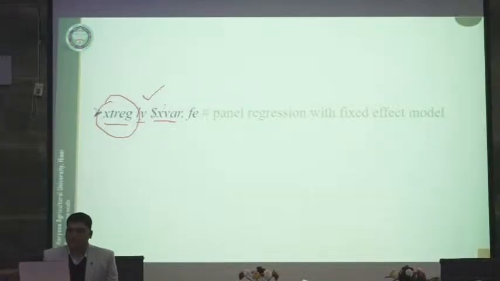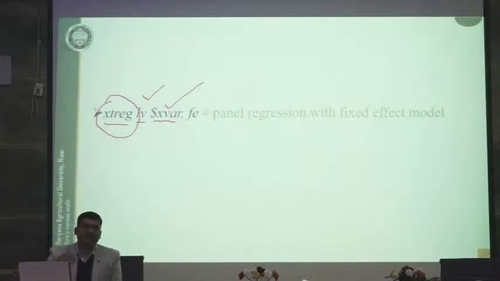That's why we are using this command. This dollar sign is used to call these stored variables in a single variable. Okay, here xvar is not a single variable. It has three input variables. And this fe stands for a fixed effect model.